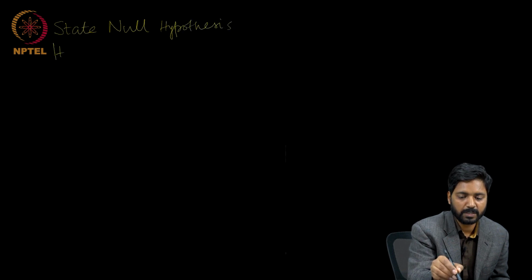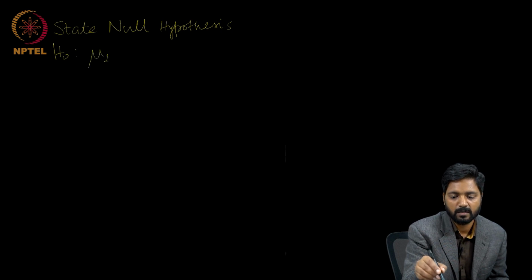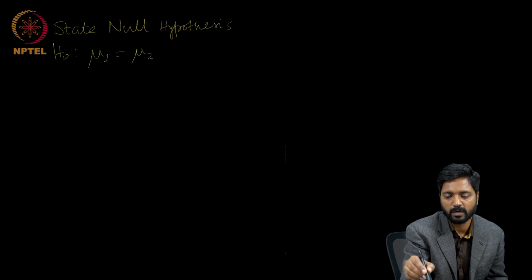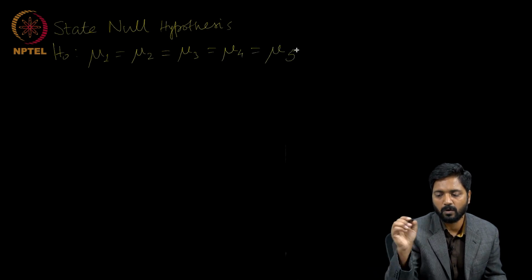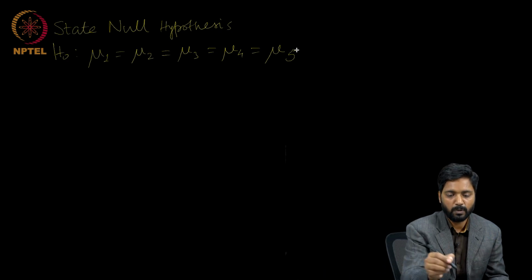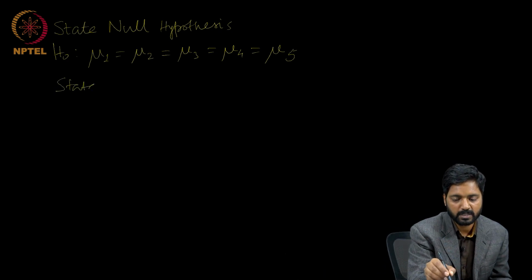So as step 1, we will state our null hypothesis, which we denote as H0, and which indicates that the mean values of group 1, group 2, group 3, group 4 and group 5 are all the same.